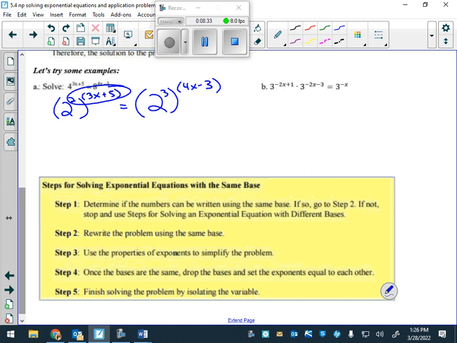Multiply. So 2 times 3x plus 5. So what do I have to do if I'm multiplying? Distribute. So I have 2 to the 6x plus 10 equals 2 to the 12x minus 9.